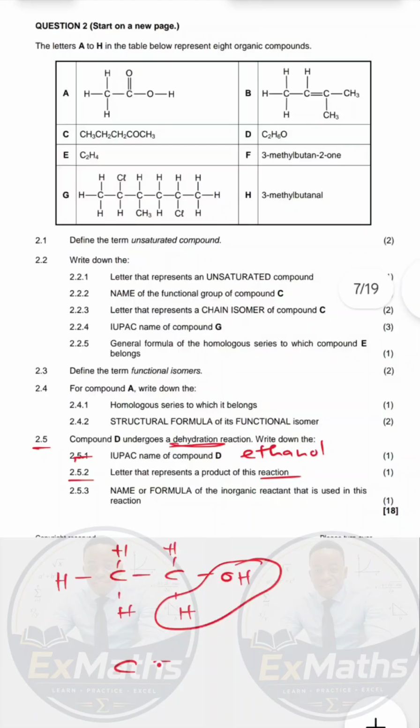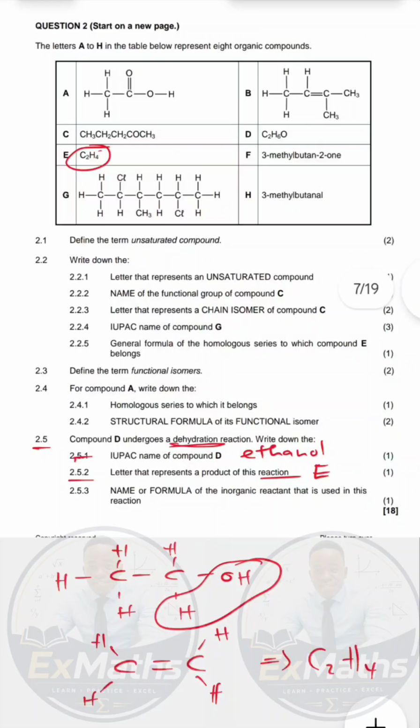So you have C double bond C. Then you have your hydrogen here, hydrogen here, hydrogen here, and there. So we have formed C2H4. So we have formed an alkene. So if you dehydrate an alcohol, you form an alkene. So which alkene is formed here? It is this one, C2H4. So the letter of the compound is E.